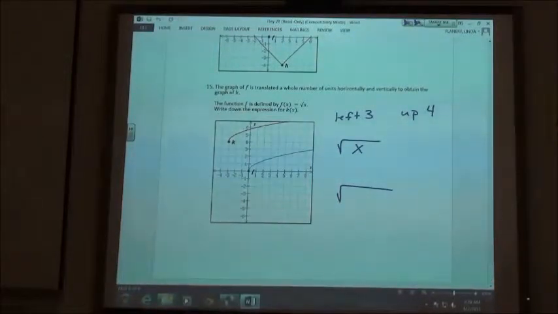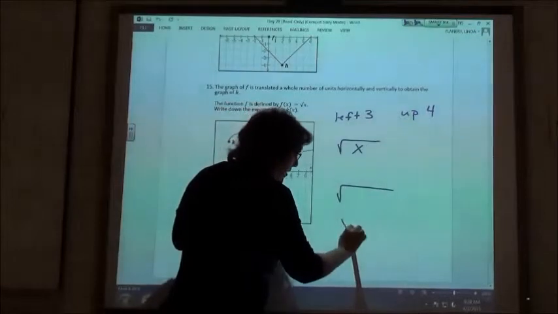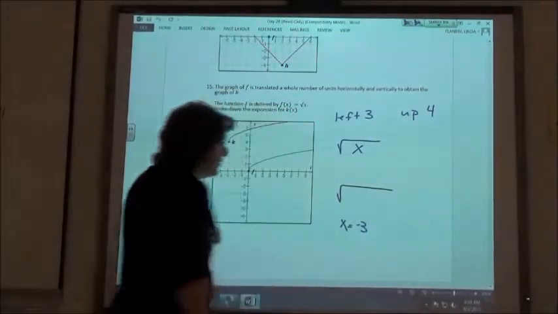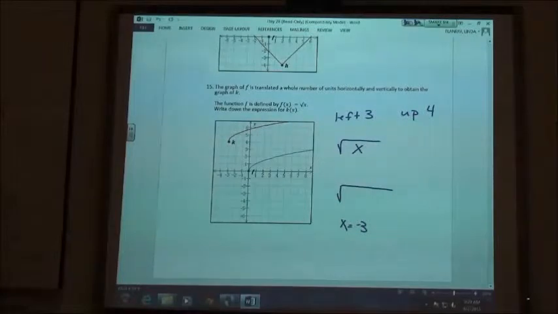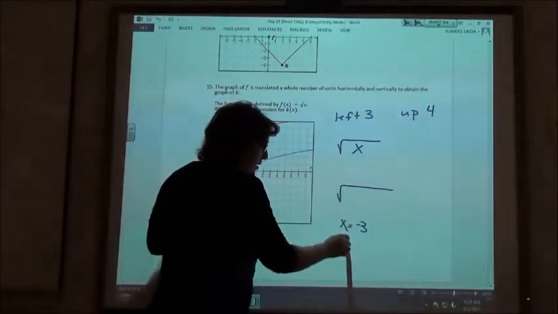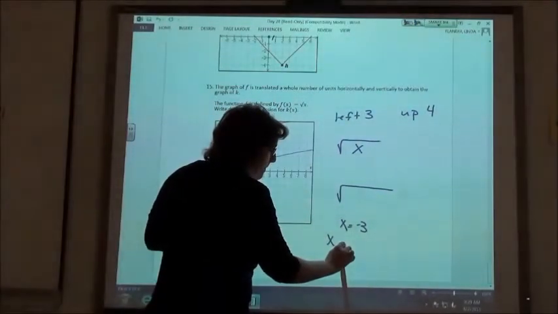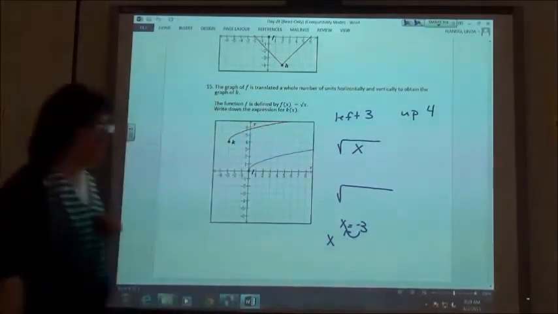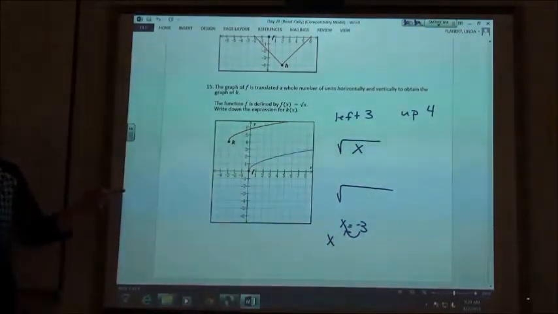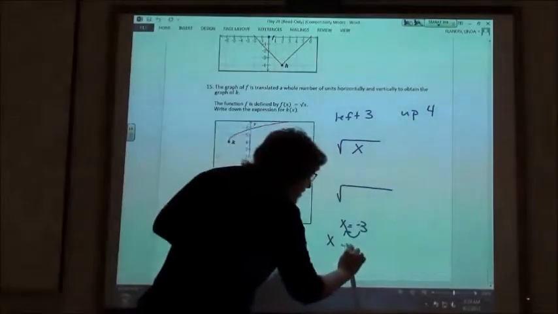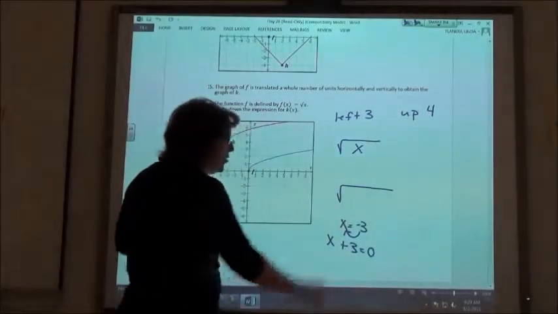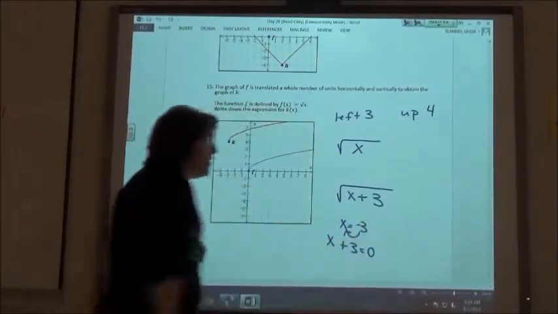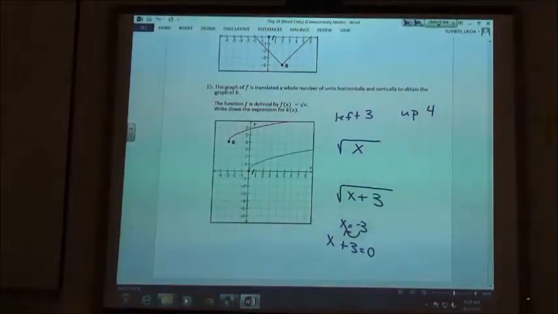If I'm going to go left 3, what am I going to do? x equals negative 3, right? Which means when I move it over, if it's a minus 3, what's it going to become? Positive. It's going to be a plus 3, right? So it's going to be x plus 3 underneath that square root. So it's always going to end up being the opposite of what you had.